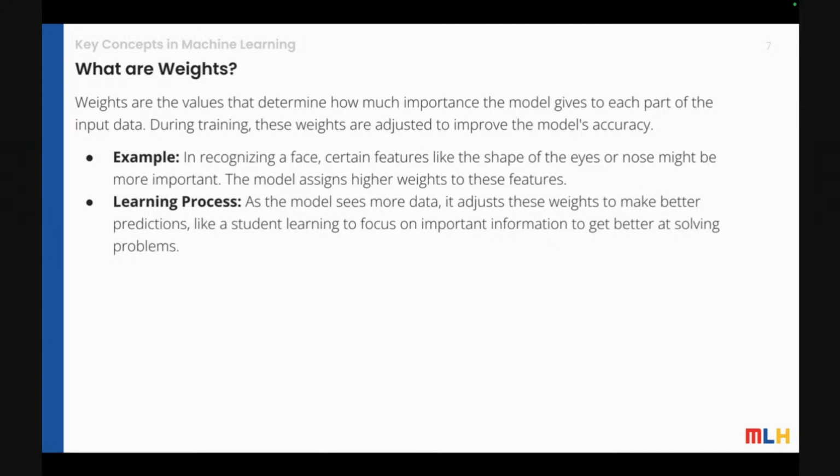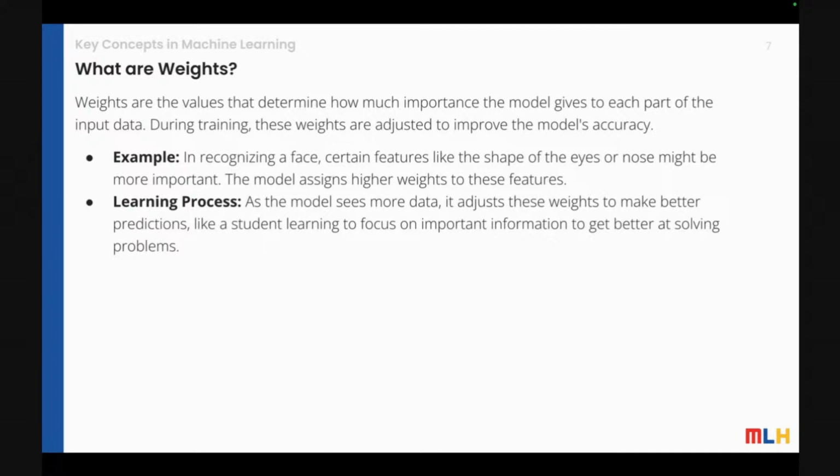For example, in recognizing a face, certain features, for example, the shape of your eyes, the shape of your ears, the shape of your nose, carry much more weight than, let's say, the shape of your eyebrows or the shape of your lips probably.